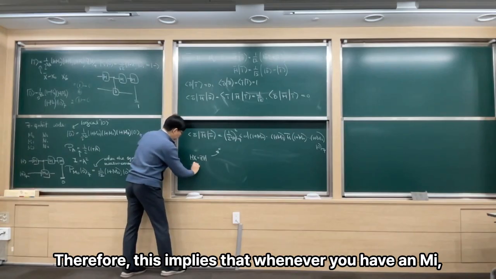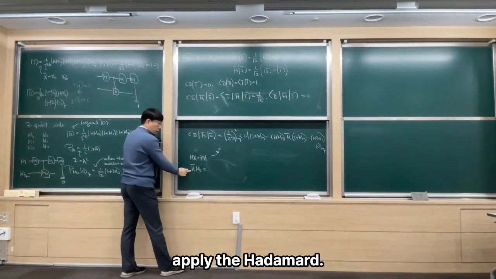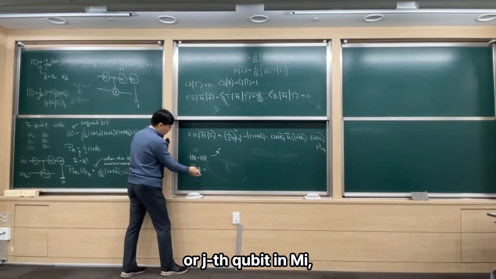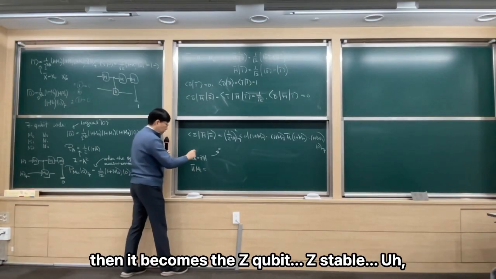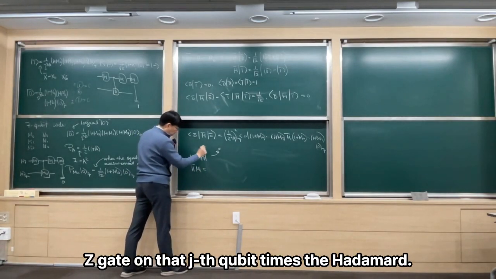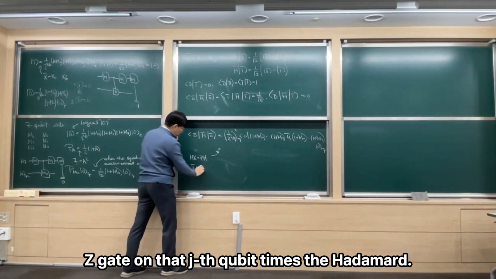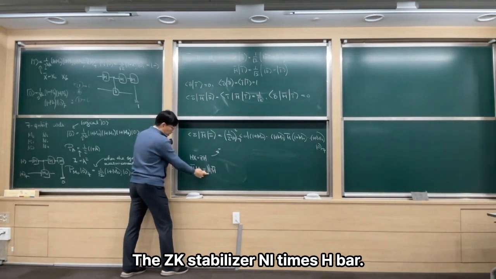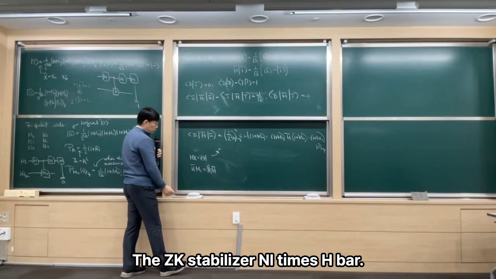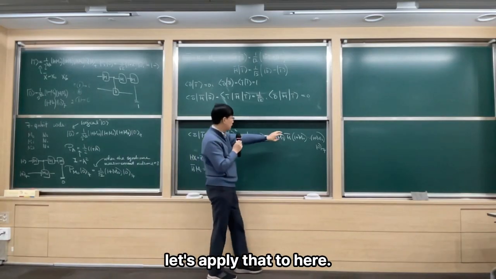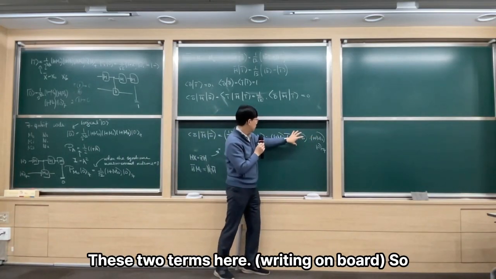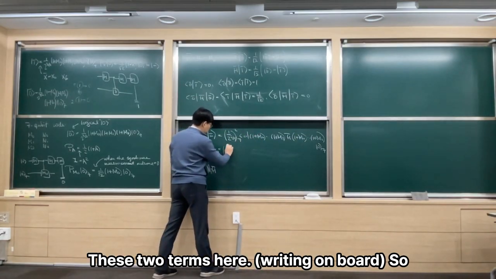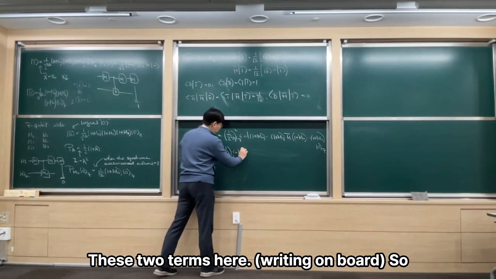Therefore, it implies that whenever you have a Hadamard on the ith qubit in Mi or jth qubit in Mi, then it becomes the Z gate on that jth qubit times the Hadamard. So it's going to change into the Z gate stabilizer Ni times H bar. So if I apply this to here, these two terms, H bar and this M part, and we have 1 over 2, 3, 7, 0.